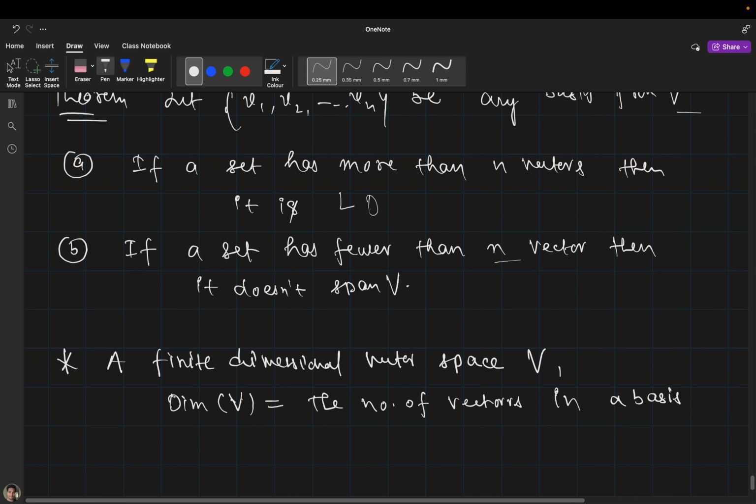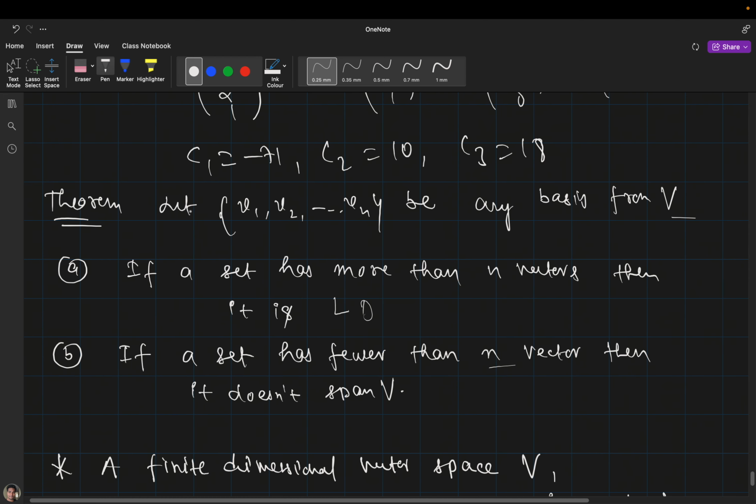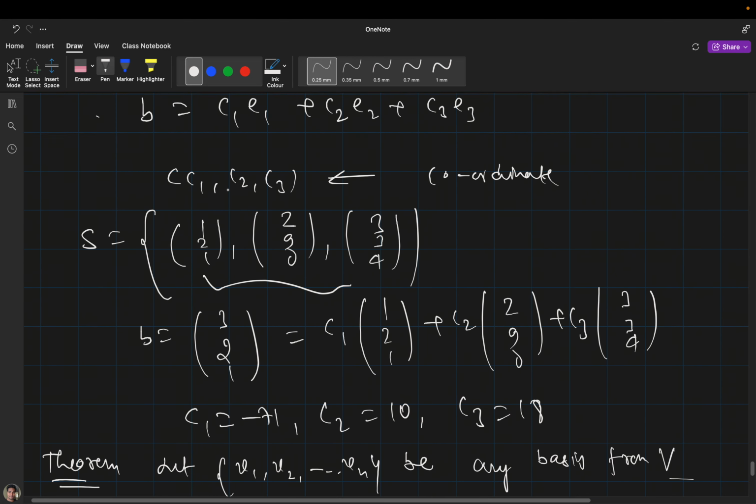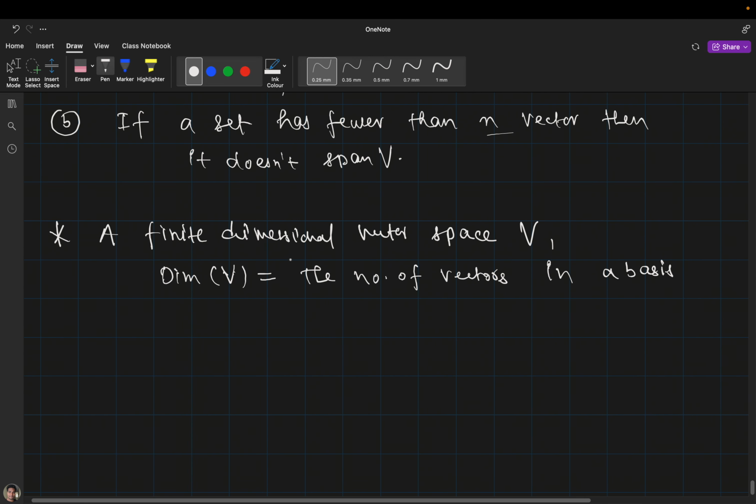So if someone asks what is the dimension of that vector space, that is nothing but the number of vectors in that basis. If you talk about three-dimensional space, what does it mean?